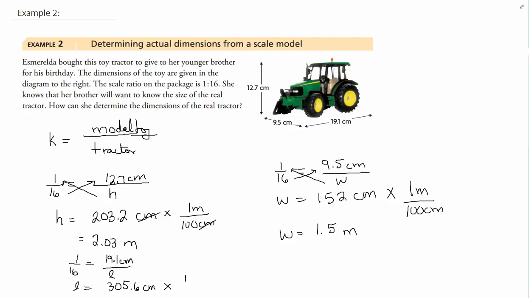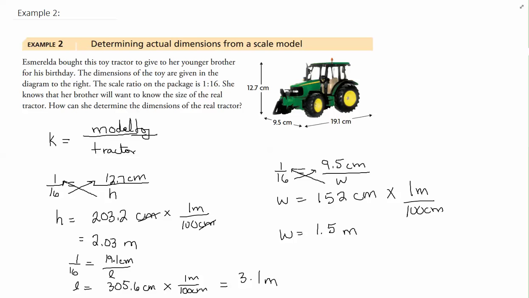We multiply this by 1 meter per 100 centimeters, and that gives us 3.06, and that's to 2 decimal places, so I'm going to round that to 1 decimal place, to the nearest tenth, and that would be 3.1 meters.